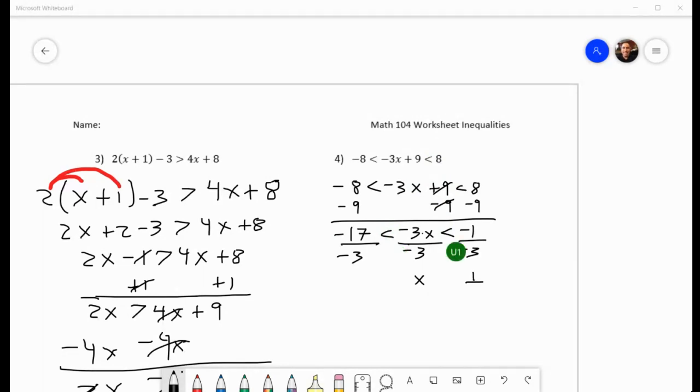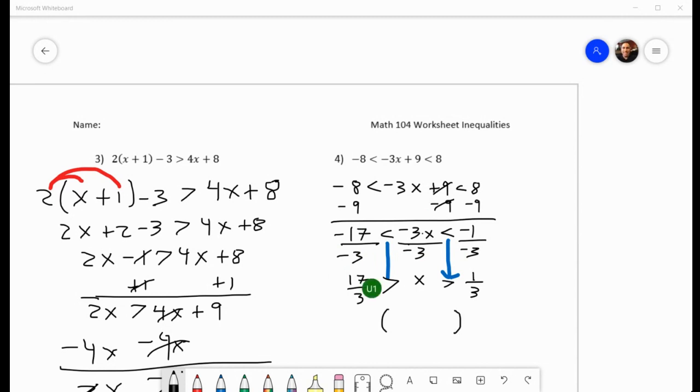We have 1 over 3 here. Negative over negative is positive, 17 over 3. But the inequality symbols have to turn around, right? This is going to become greater than, and the other one also becomes greater than as well. So what we get is x is greater than 1/3 and less than 17 over 3.